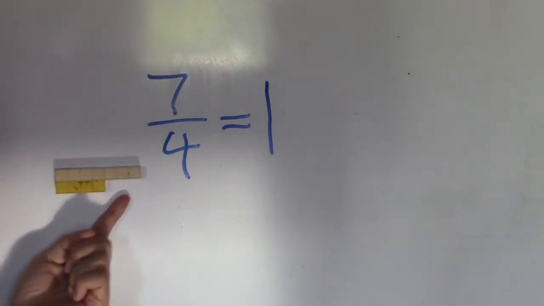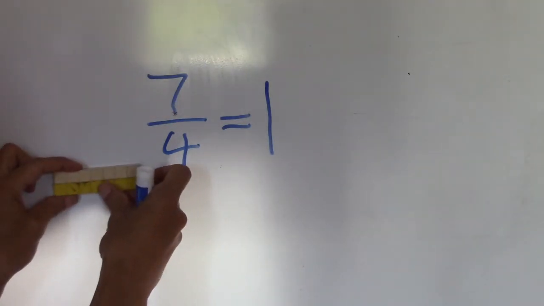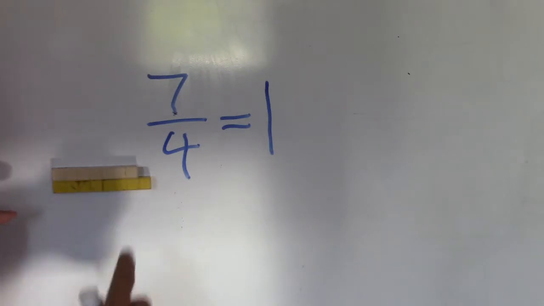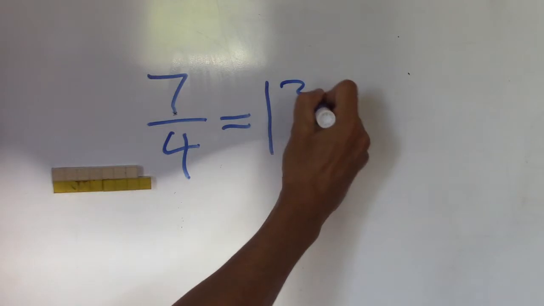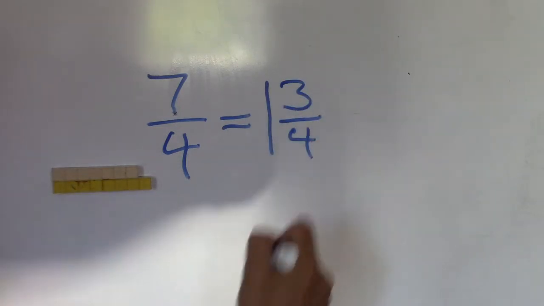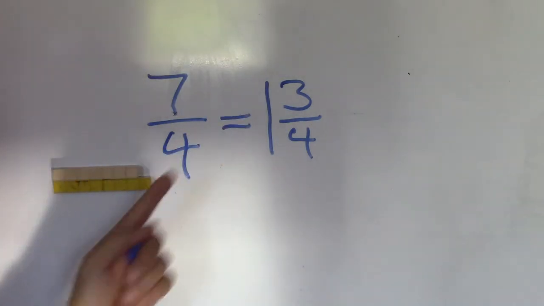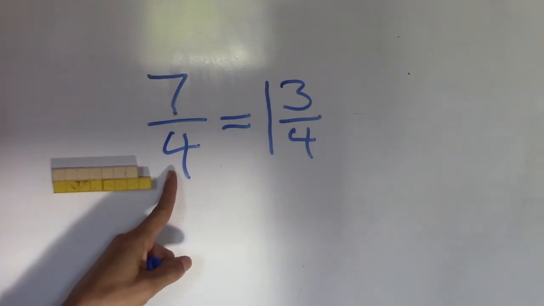And what's left? I don't have 2 4s. I can't use 2 4s, can I? If I have 2 4s, I only use 3 of that 4, right? All right. So how easy is that? Easy, easy. So 7 fourths is the same thing as 1, because this tells me what 1 is, right?